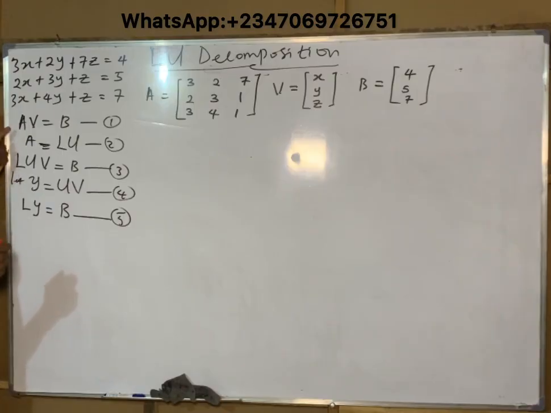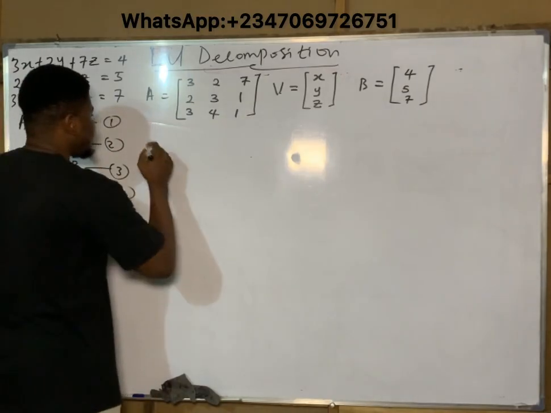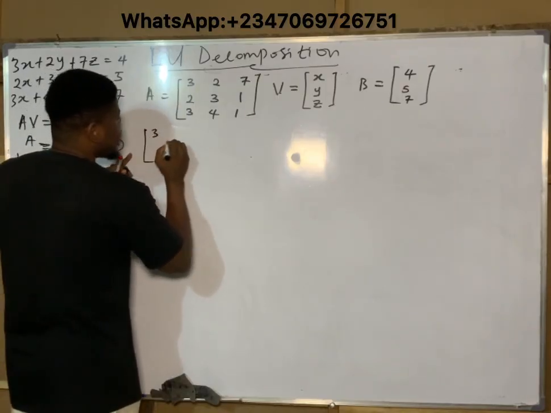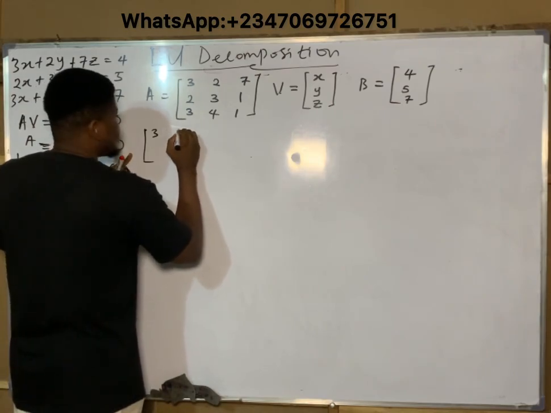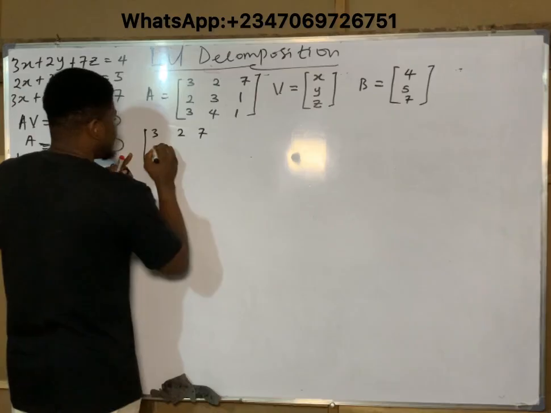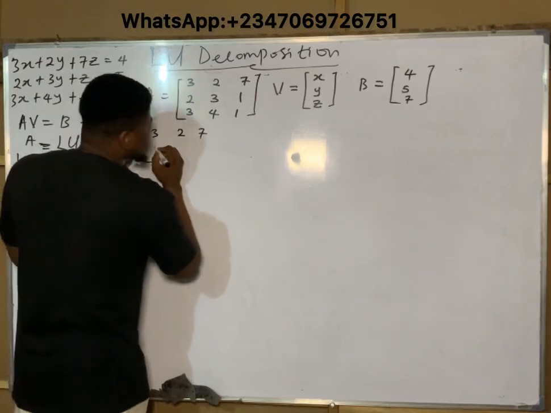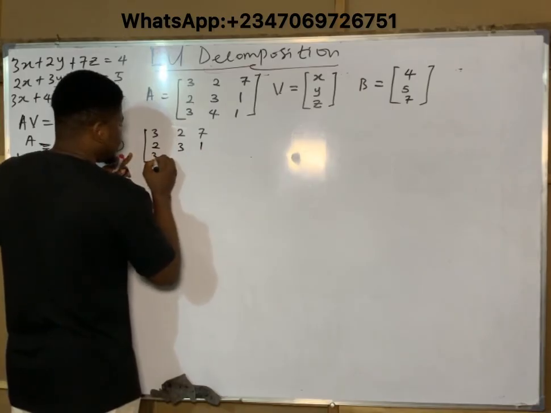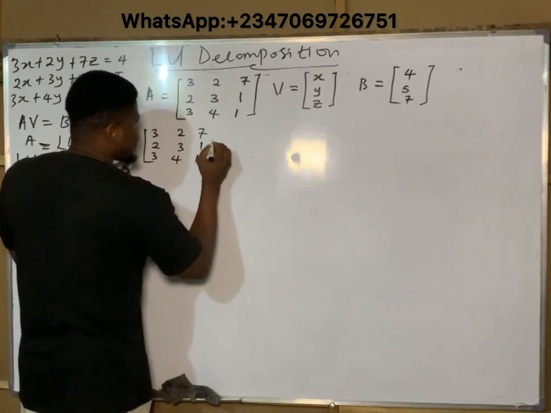The next step is to convert the coefficient matrix into a lower and upper matrix. So my coefficient matrix becomes, this is now my coefficient matrix: 3, 2, 7, 2, 3, 1, 3, 4, 1.